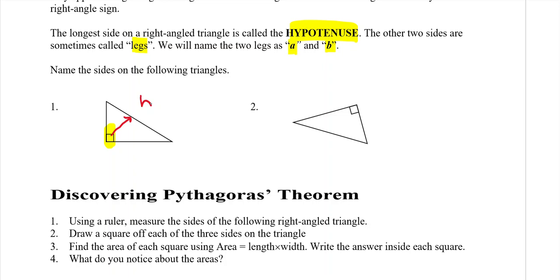The two little sides, the ones that are attached to the right angle, so these ones here, that's the A and the B. It doesn't really matter which one is which. Okay, so I'm just going to go A here, B there. Right? Can you try triangle 2? See if you can label the H and the A and the B. 10-second job.